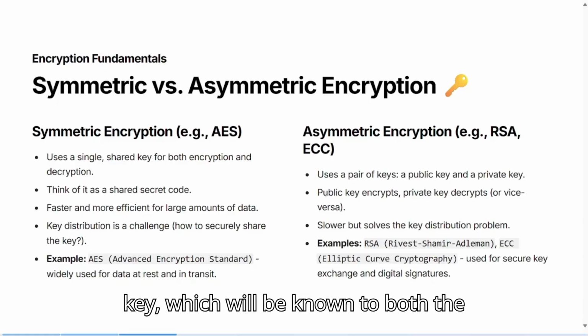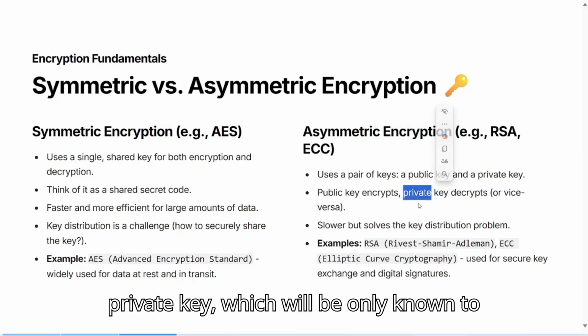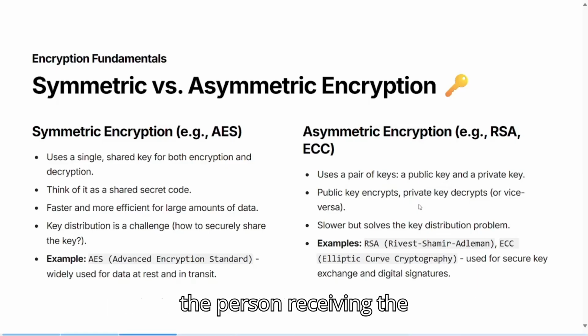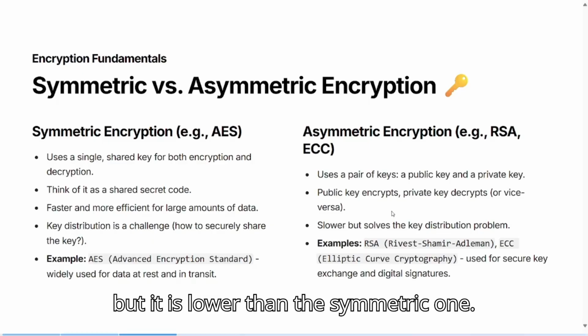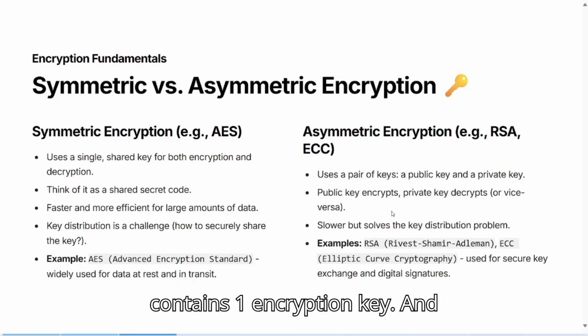The first is the public key, which is known to both parties, and the second is the private key, which is only known to the person receiving the file or item. But it is slower than the symmetric one. Why? Because the symmetric one only contains one encryption key.